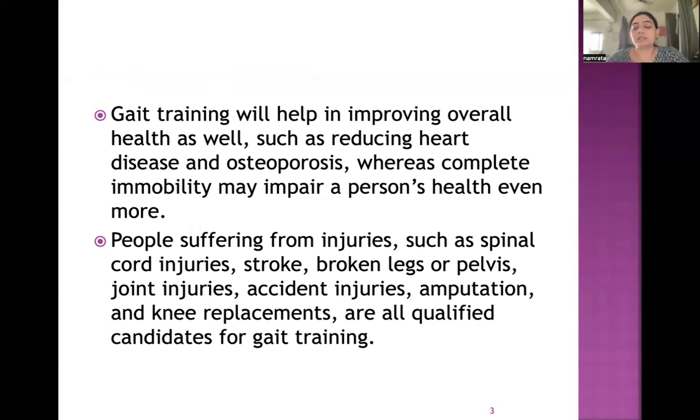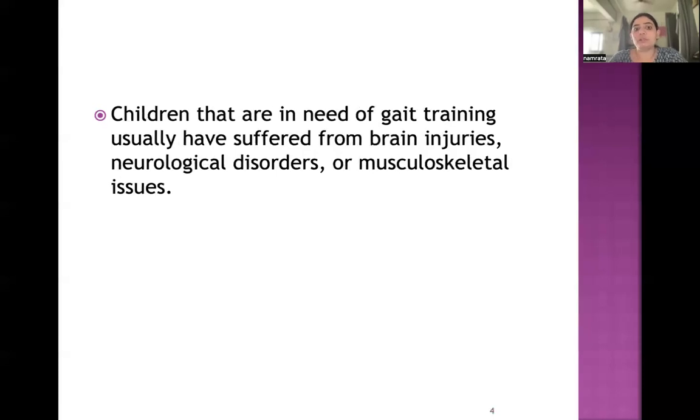But if you give them proper gait training, it will make them strong and confident, and we can also prevent injuries like spinal injuries, fractures, accidental injuries, amputation. In all these cases, we can prevent them, and the patient can independently walk without any fear of fall.